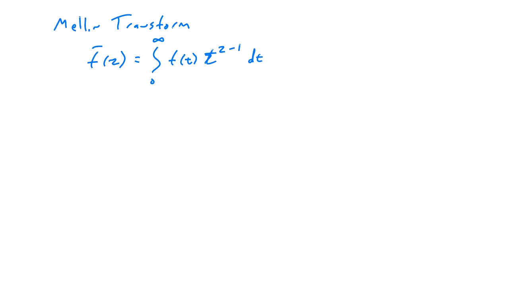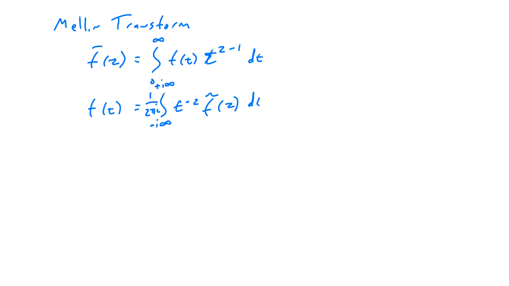And the inverse transform is going to be 1 over 2πi times the integral from minus i infinity to plus i infinity of t^(-z) times the transform of z dz.